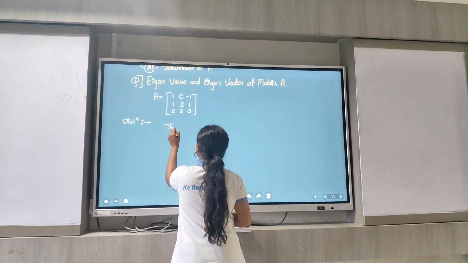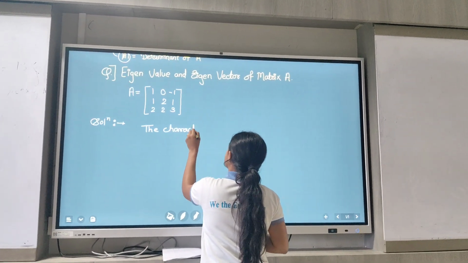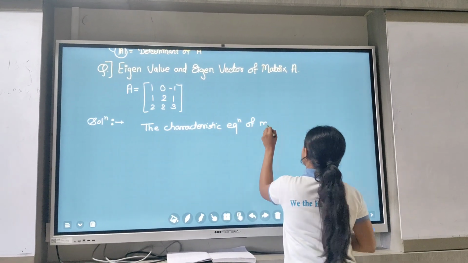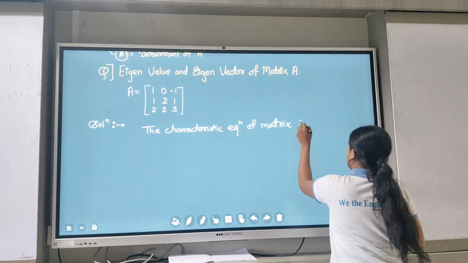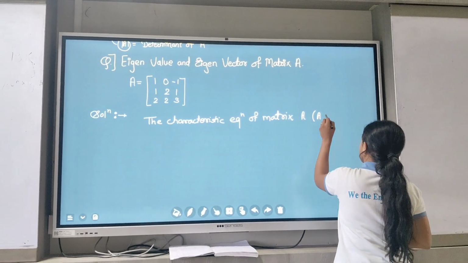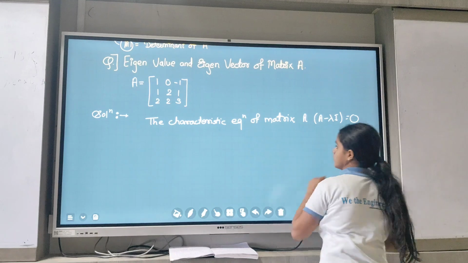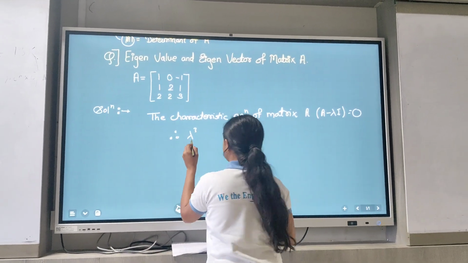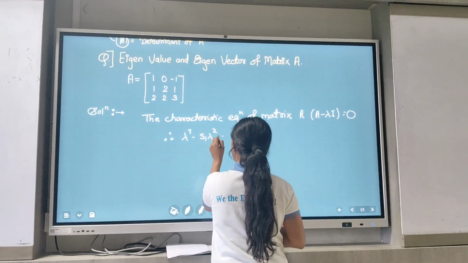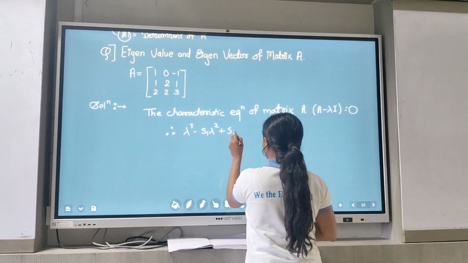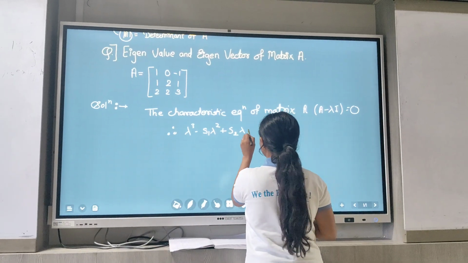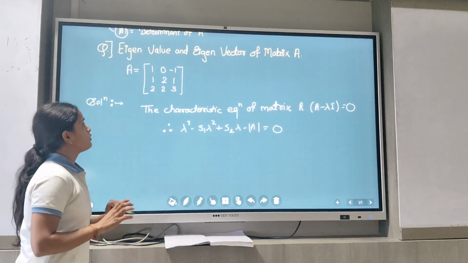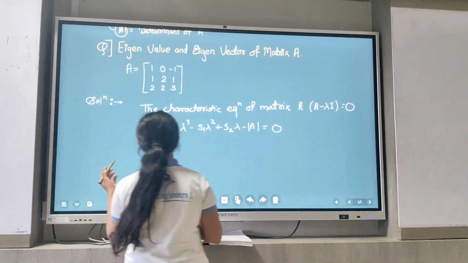So let's write the characteristic equation of matrix A. Then we will write the general equation, which will be needed for finding the eigenvalues. After this, we will find S1, S2, and the determinant of A.